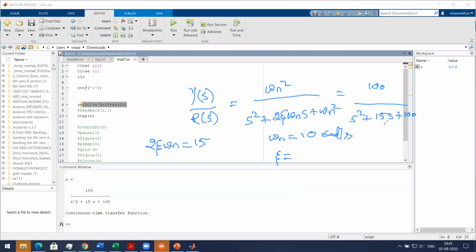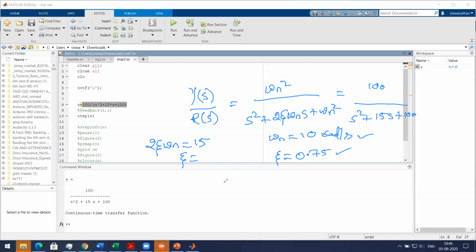Instead of 15, you replace with 2 zeta omega n. Omega n you know is 10. So zeta you will get as 0.75. So you have got omega n and you have got zeta.